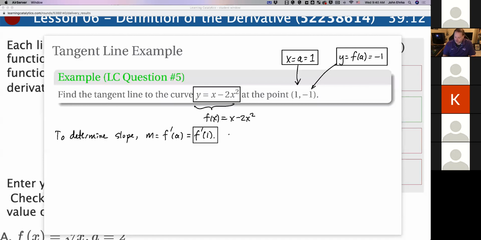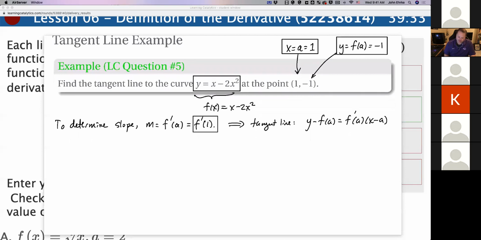All right, and I can use all these pieces to give me the tangent line. Once I'm done, the tangent line will be y minus f of A equals f prime of A times x minus A. So that'll be our tangent line formula once we're done. And I already have several of the pieces. So let's start with f prime of 1.